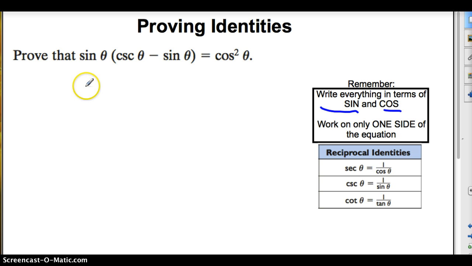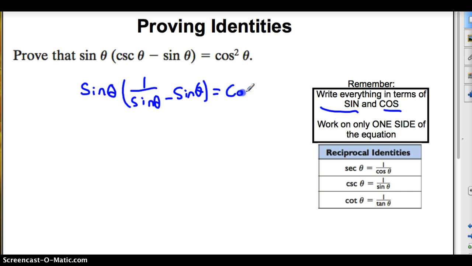So we're going to write sine theta, well, that's already in terms of sine, times, well, cosecant is 1 over sine theta, minus sine of theta equals cosine squared theta. Okay? Now we're just going to work on this side for now.